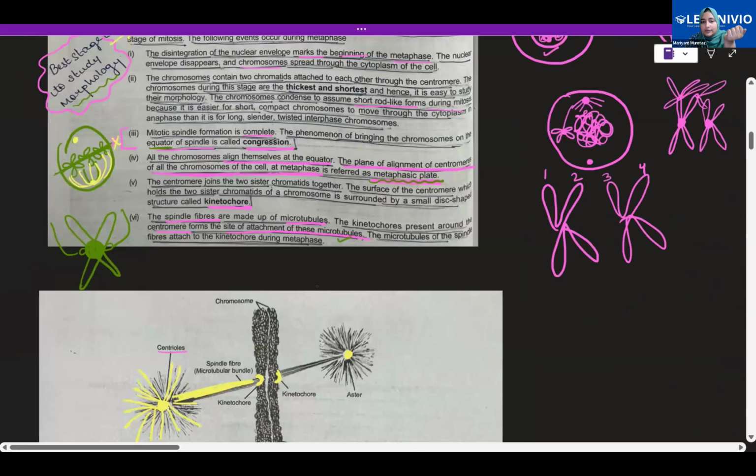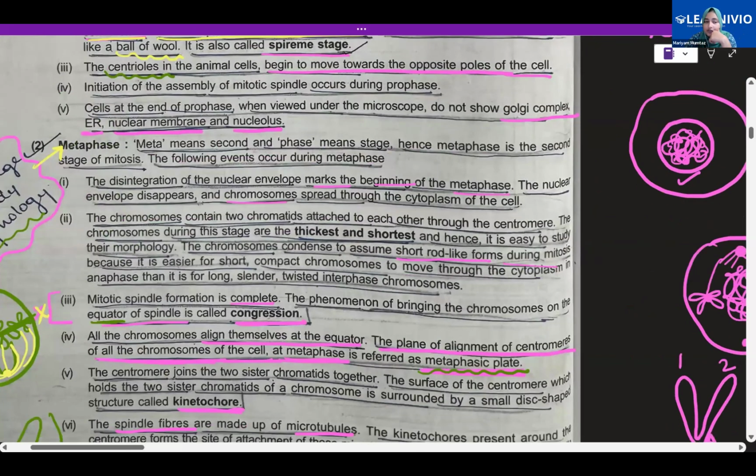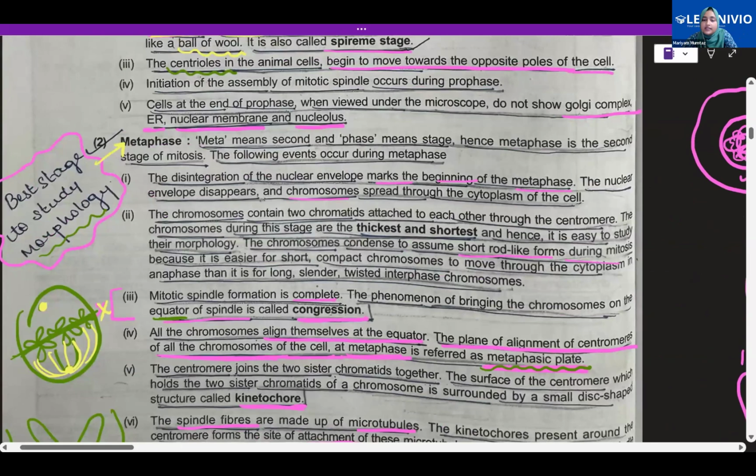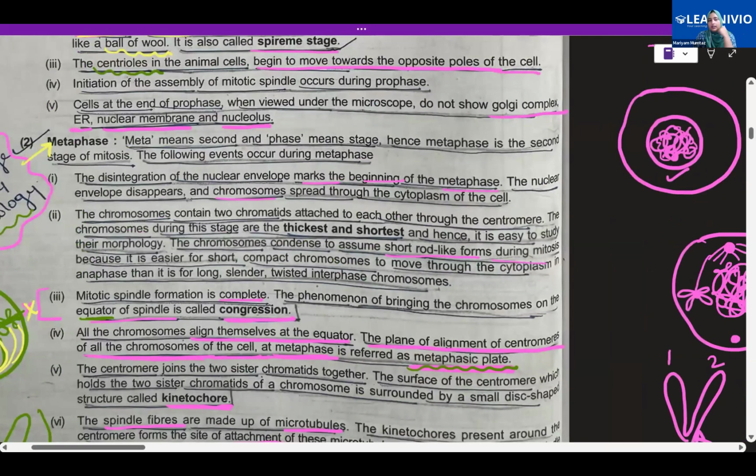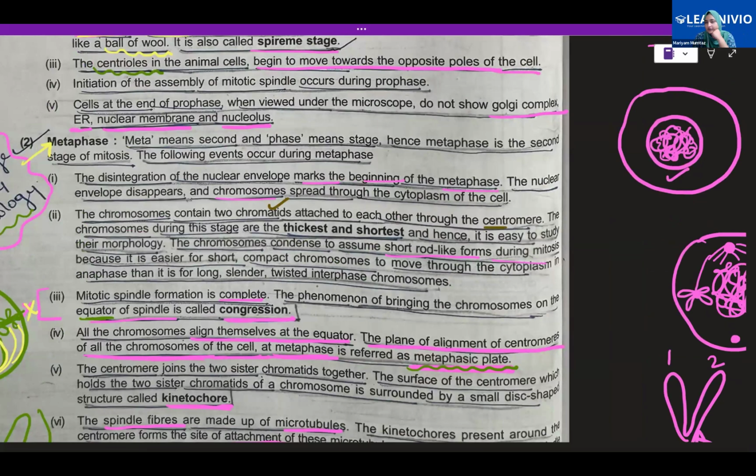Now, when the chromosomes align themselves, you should remember that amongst all of the stages of karyokinesis, metaphase is the best stage to study the morphology of the chromosomes. They can ask you this. The chromosome contains two chromatids attached to each other through the centromere. During metaphase, the chromosomes are very thick and short, so it is very easy to study their morphology because you can make out their ends now.